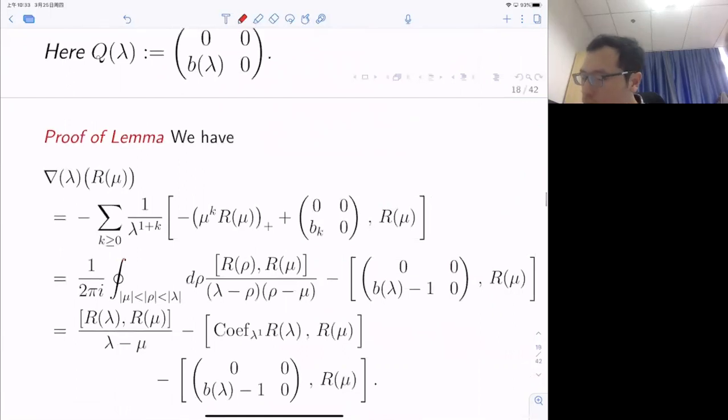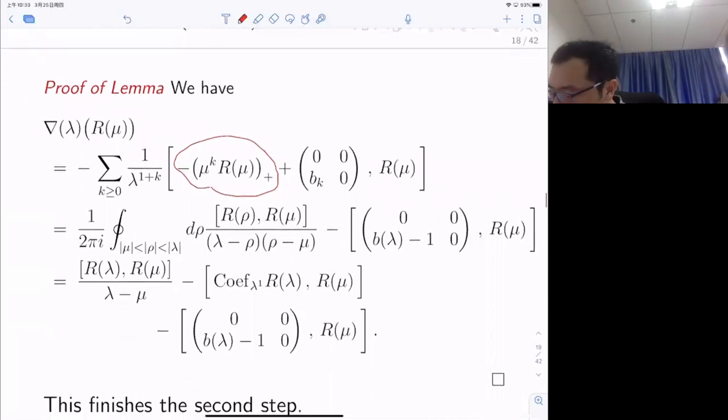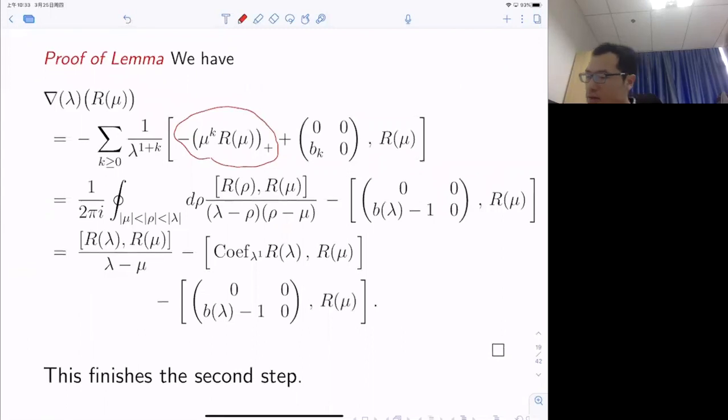It's a trick: whenever you see a polynomial part of some Laurent series, you can make it into a Cauchy integral, and here there's also the commutator. Then there are also some correction terms, and you collect all the correction terms, you get B lambda.